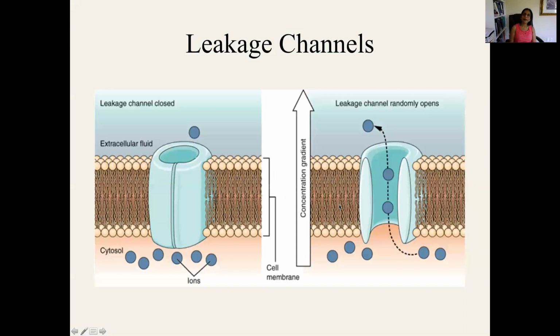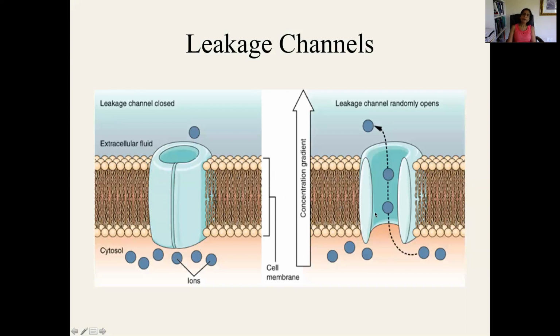Okay, now you are looking at leakage channel. This is one type of channel. This is gated, but the gate opens randomly. You really don't have a way of explaining what makes the channel open or what makes the channel close. Here is an example of a channel being closed or a channel being randomly open.